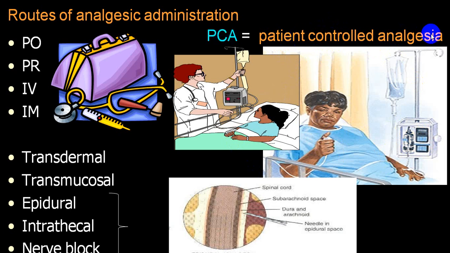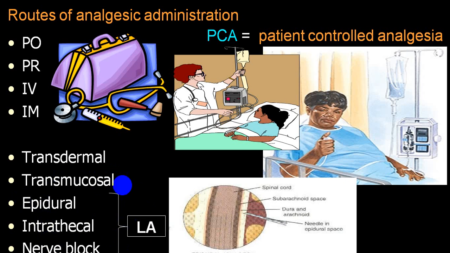patient-controlled analgesia. These are also available in the form of a transdermal patch, or transmucosal in the form of a jelly. Epidural, intrathecal and nerve blocks are mainly given as injections, and these are managed by pain clinics and pain specialists. You have additional options available also.